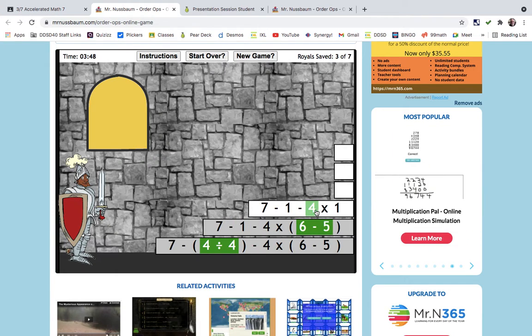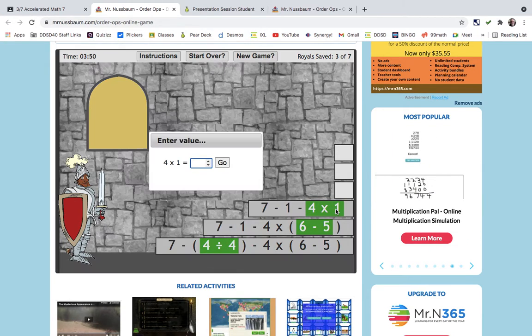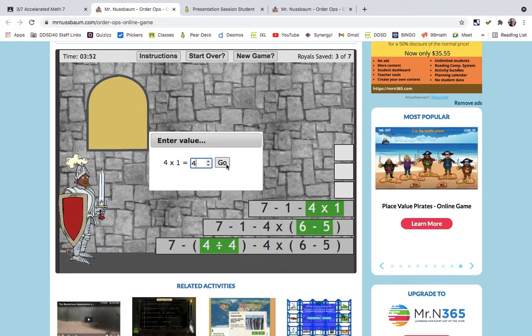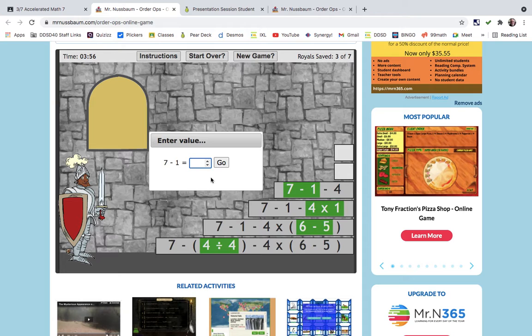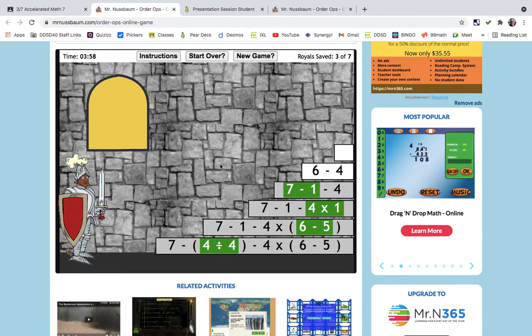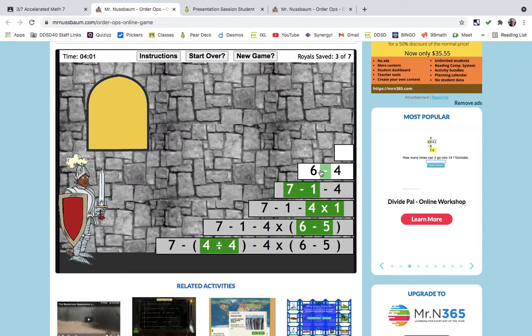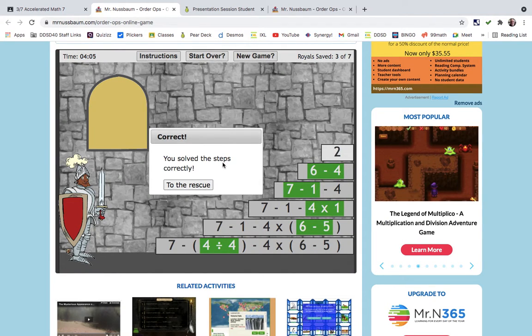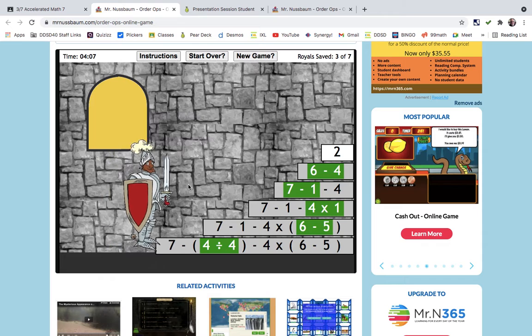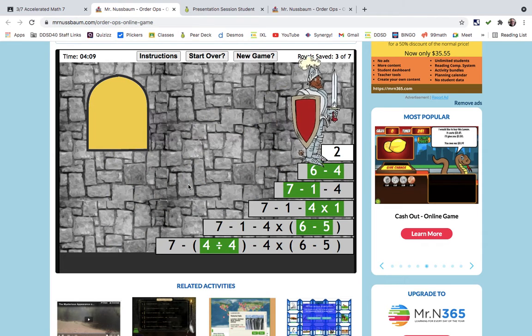Now I'm going to have to do 4 times 1. I have to do the multiplication first. Now I'm going to do 7 minus 1 is 6. And then 6 minus 4 is 2. Well, we've gone this far, we might as well do one more.